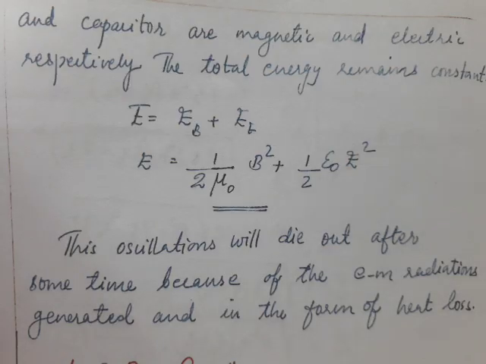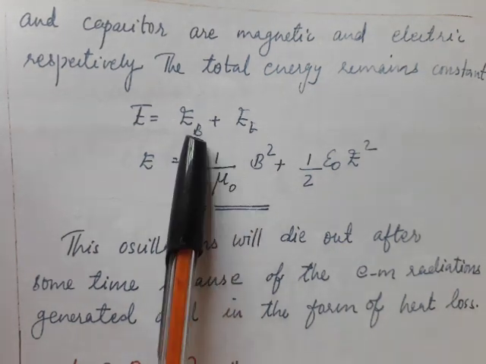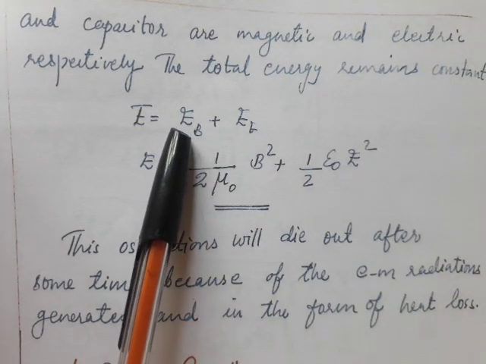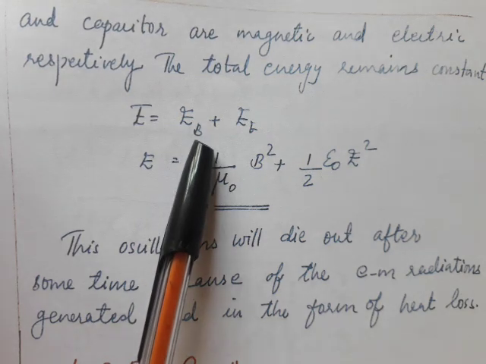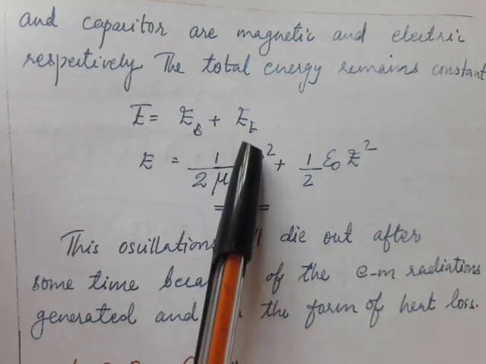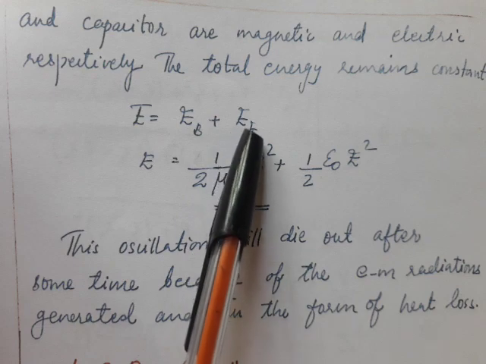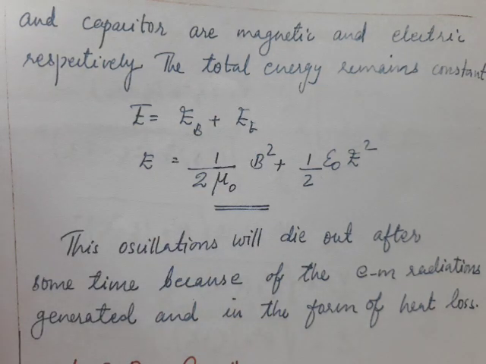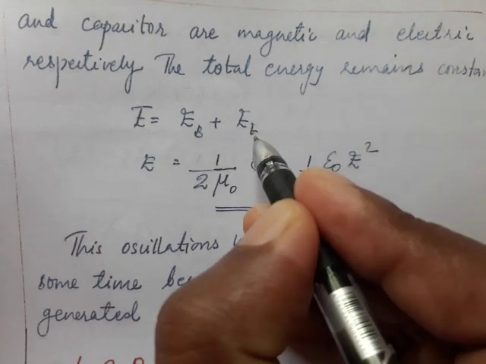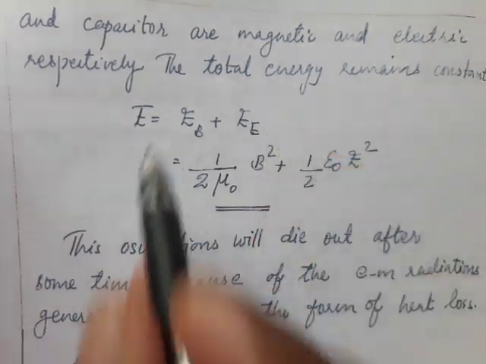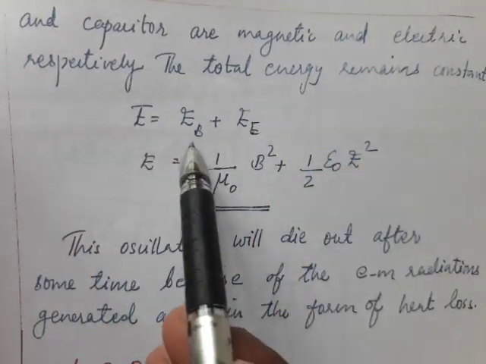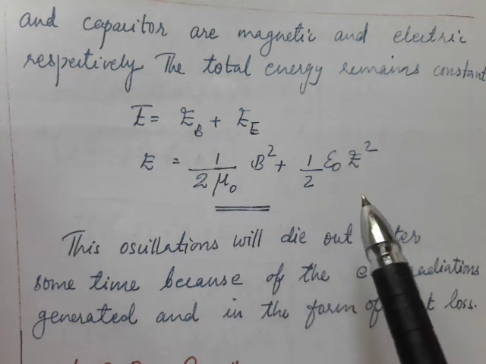So we have already told the energy in the inductor is magnetic energy. So we write it as EB, energy due to magnetic field B. And in the capacitor, energy is due to the electric charge. So we write EE, E suffix E. Electrical energy, magnetic energy. So total energy is the sum of electrical energy and magnetic energy.